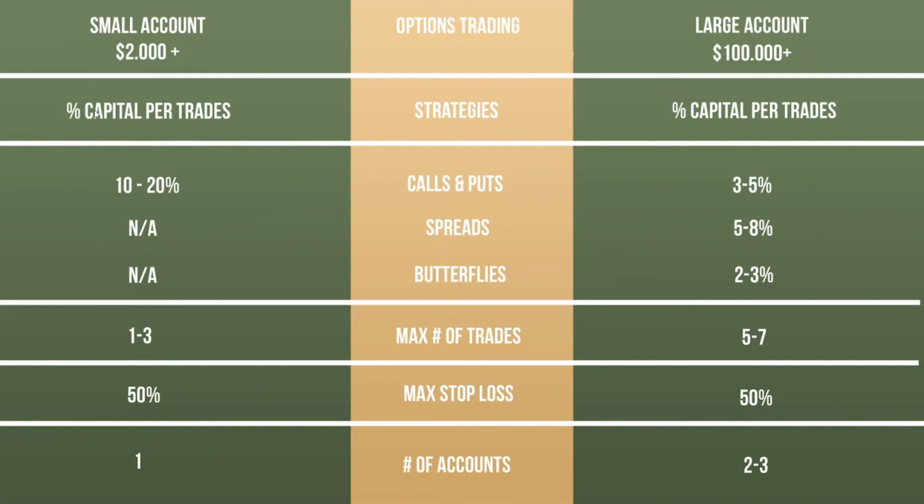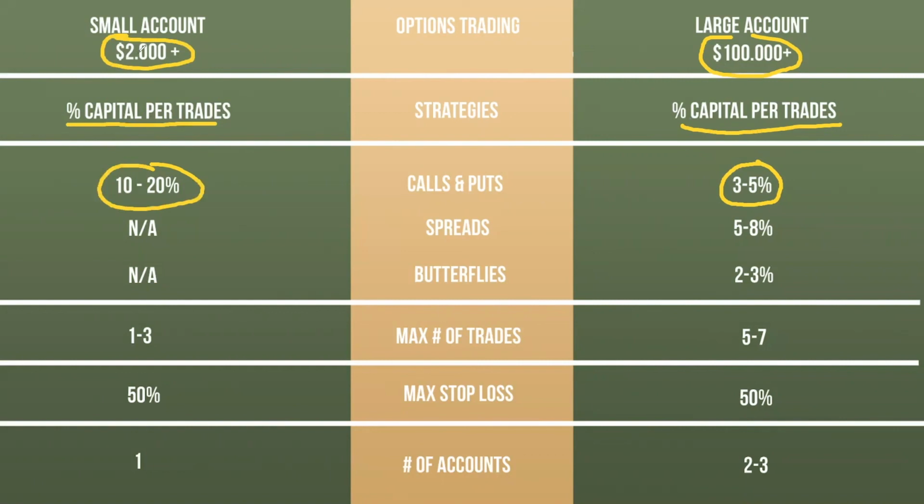$2,000 account. Here's the percent capital per trade. On calls and puts in a small account, you're looking for 10 to 20%. On a larger account, $100,000 or higher, you're looking at 3 to 5%. A small account, $2,000 plus, you're looking for 10 to 20% of capital.